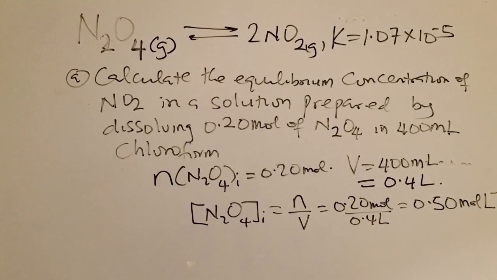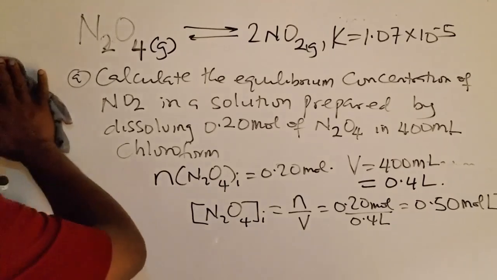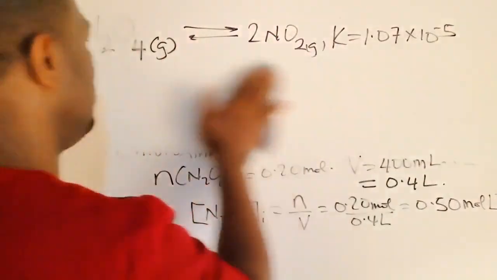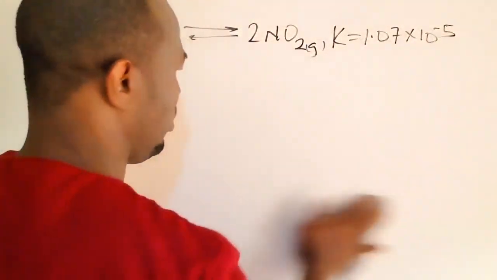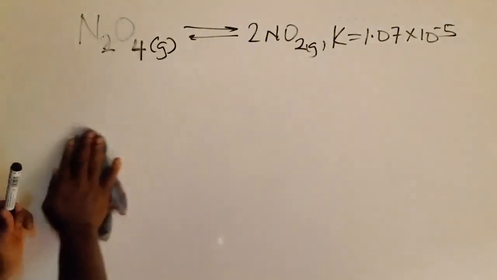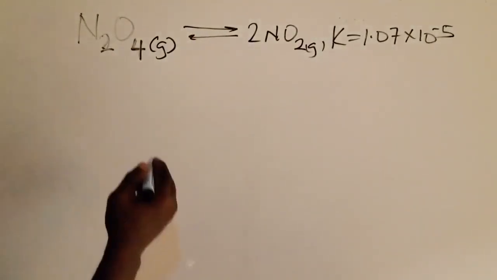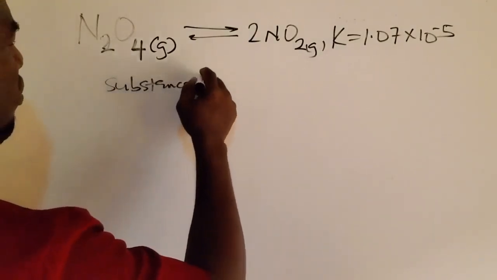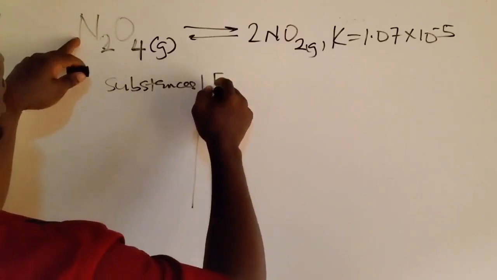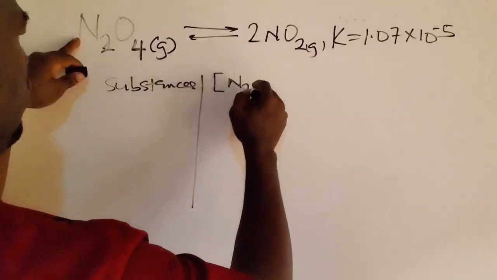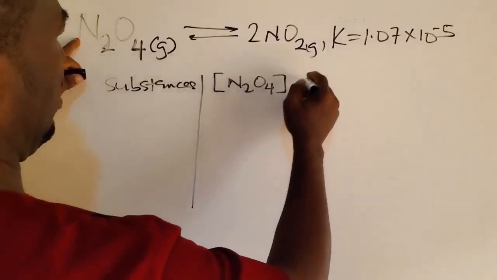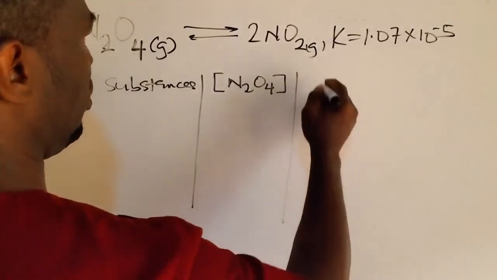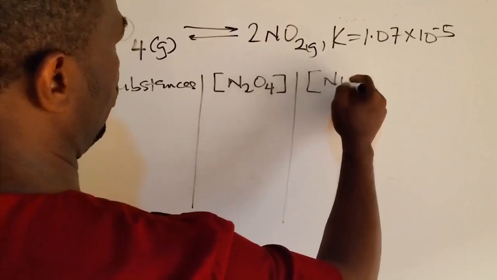So that's the first step we have to do to get the initial concentration of the dinitrogen 4-oxide. Having done that, we're now going to prepare our ICE table. ICE, as I said, means initial, change, and equilibrium table. So we have the substances, then the concentration of the reactant. We have only one reactant here, N2O4, and the concentration of the product, NO2.